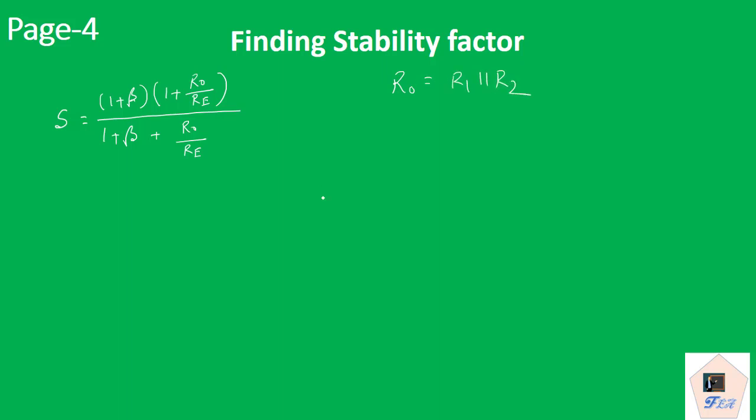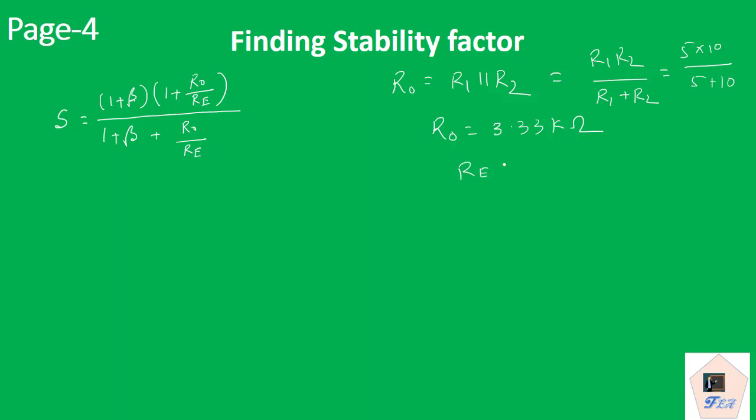R1 and R2 in parallel can be written as R1 into R2 divided by R1 plus R2. That is 5 into 10 divided by 5 plus 10. If we solve this, we get the R0 value as 3.33 kilo ohms.